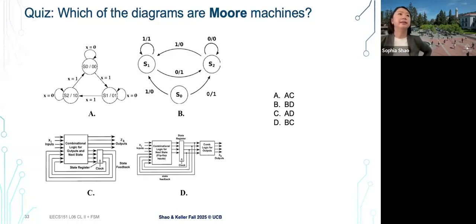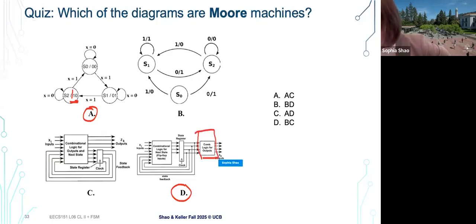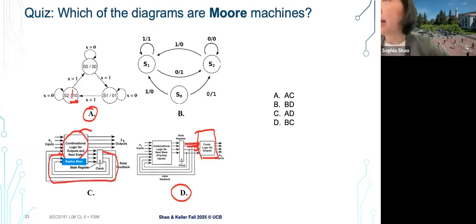Any guesses? Joy: A and D. A is a Moore machine because the output is encoded in the circle, so it's associated with the state. And for D, we mentioned this is combinational logic that only depends on the current state, versus here, where the output combinational logic depends on both the current state and the input. So again, this is a very high level way of differentiating Moore and Mealy.